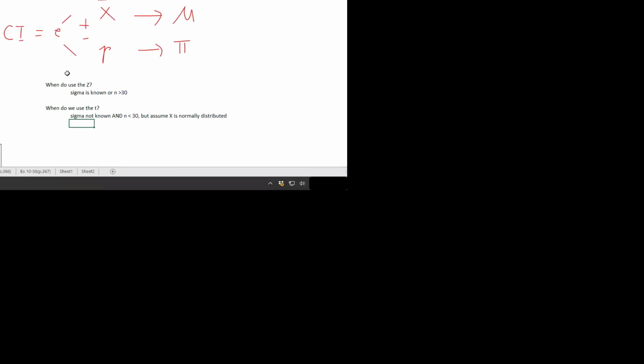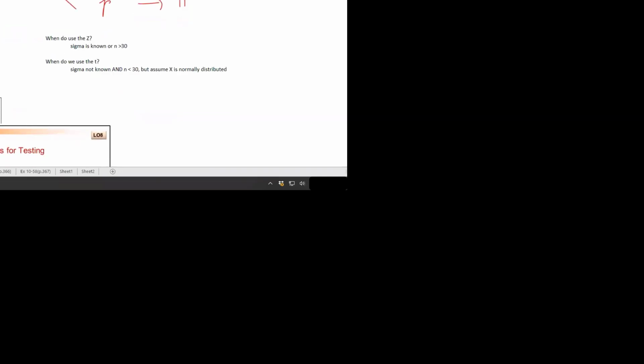Okay, that's good. And for the population proportion, we just test if the sample size is large enough. When that is the case, then we can use the z as an approximation to the binomial distribution.